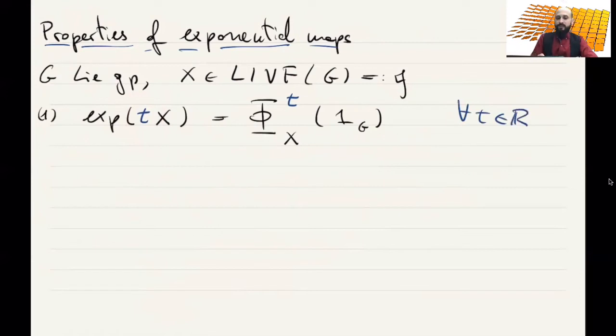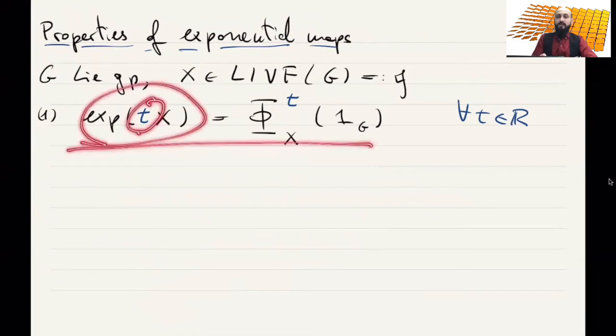In other words, this is because changing the speed of the flow line really changes the time when you're following the flow line. But this is interesting to read, because now this means that as a function of t, this curve is a flow line. This is what is written here.